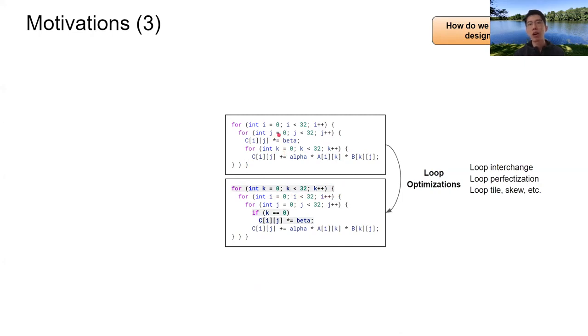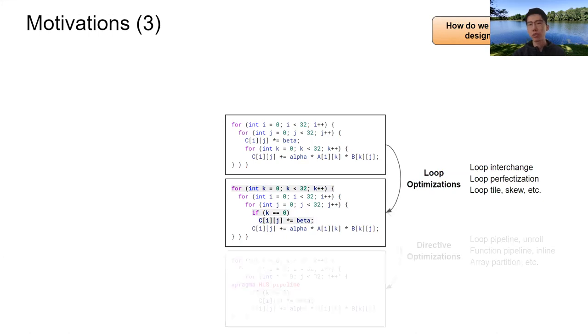And meanwhile, originally there's a statement in between the J loop and K loop, but here we apply loop perfectization to move this statement into the innermost loop body to make the K loop and I loop flattened into the pipelined loop to further improve the pipeline quality.